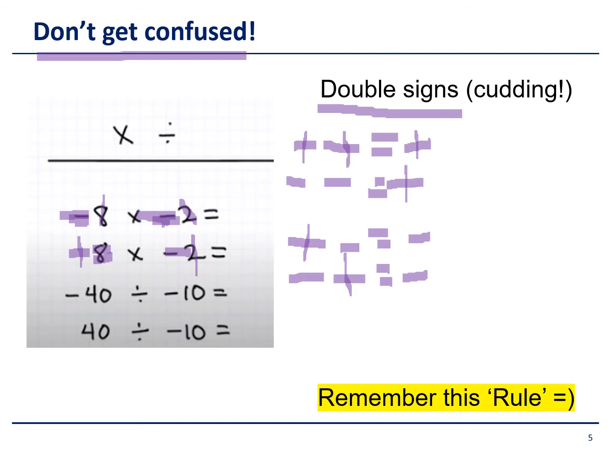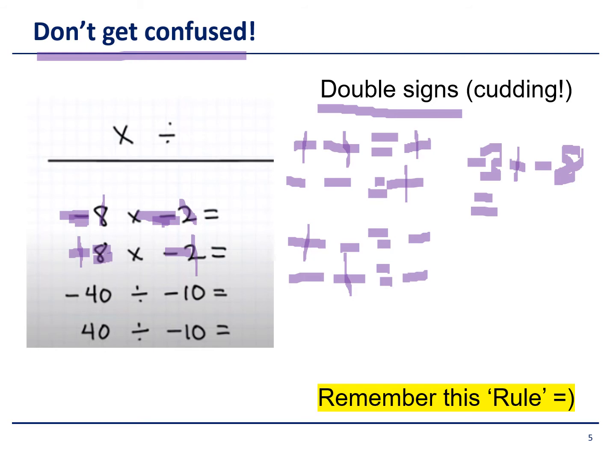Now, let's say, for example, we have -3 plus -8. What answer is that going to be? A plus or a negative?